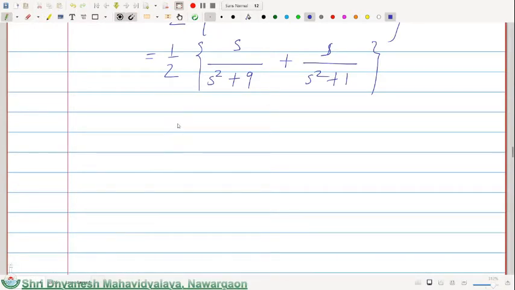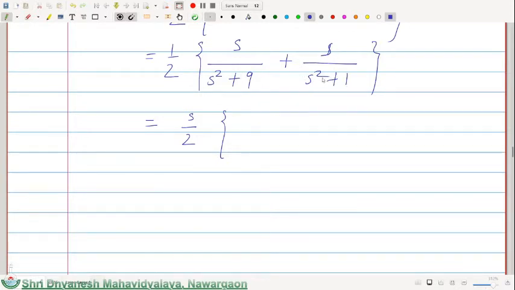You can solve this. You will get s upon 2. If you take s common from here, this will be 1 upon (s square plus 9) plus 1 upon (s square plus 1).